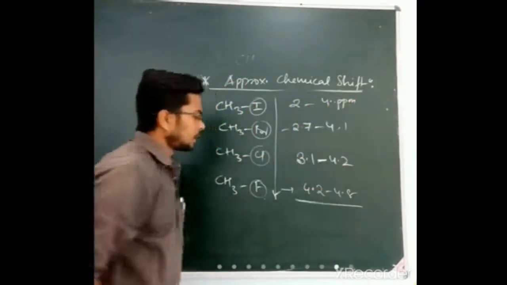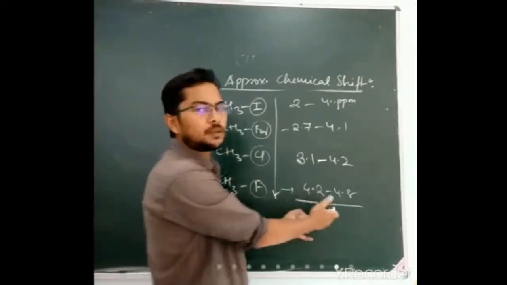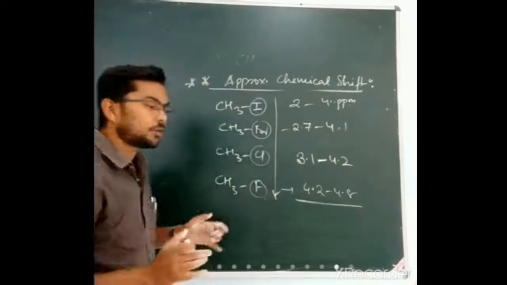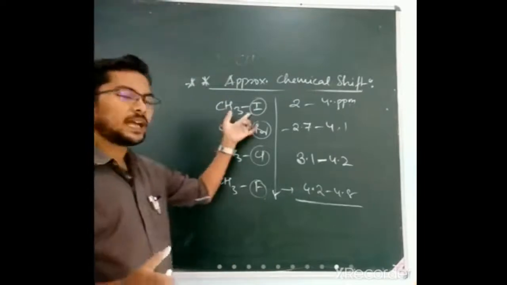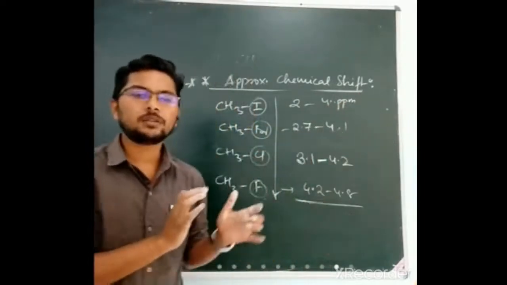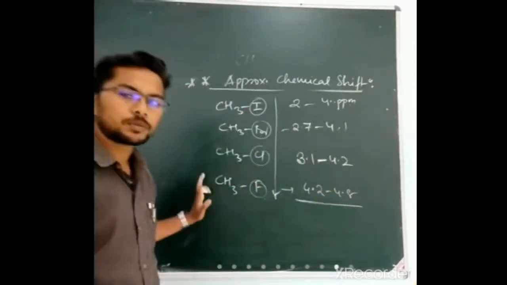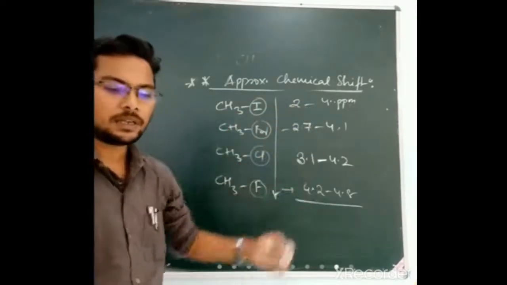So when it is fluorine, you should think in the 4 region of your spectra, and 4 means the delta scale. And if it is iodine, then you should search somewhere in the upfield region, around 2 to 3. Depending upon the other substituent groups present, these values will fall in these particular ranges.